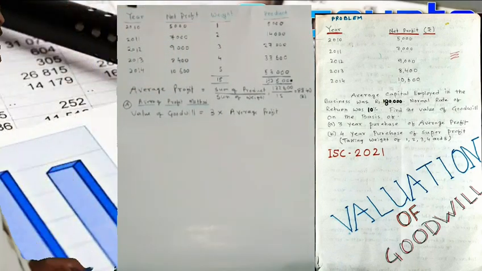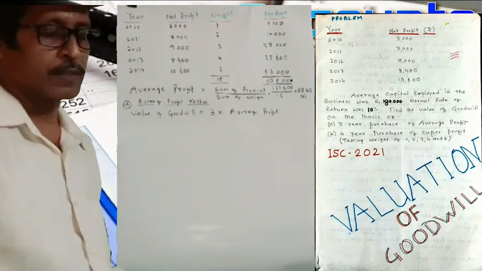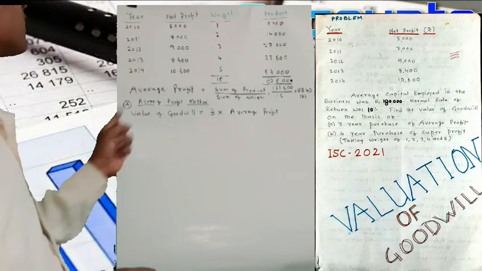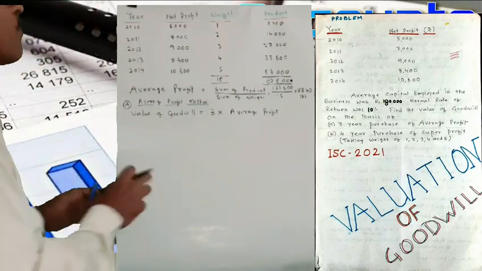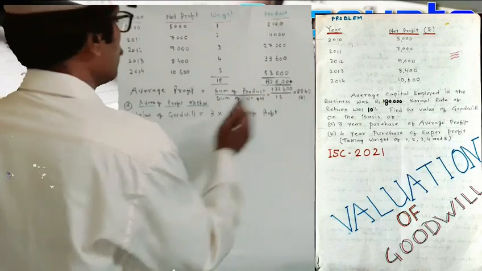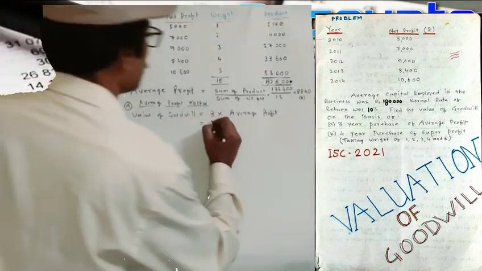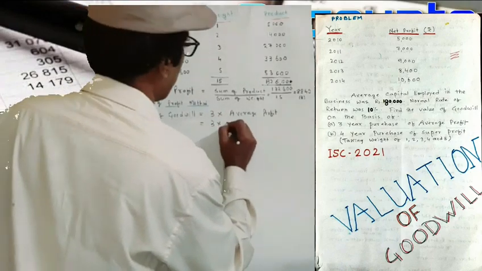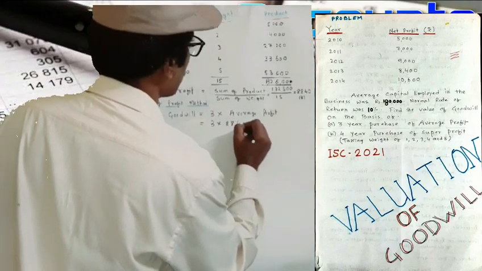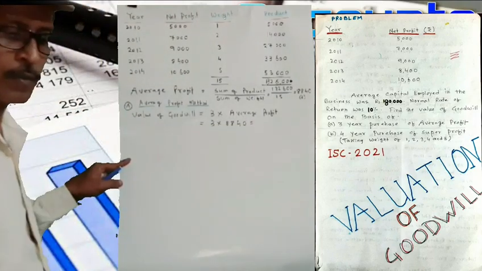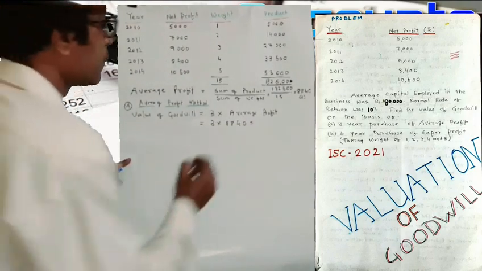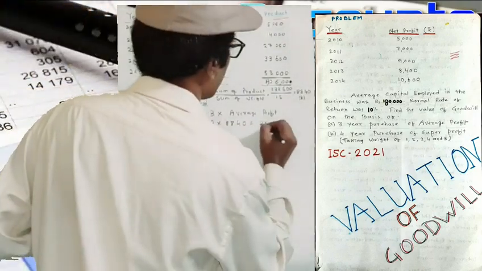Three-year purchase of average profit means 3 into average profit. Four-year purchase of average profit means 4 into average profit. We have already found average profit 8,840. So the value of goodwill is 3 into 8,840, which is 26,520.